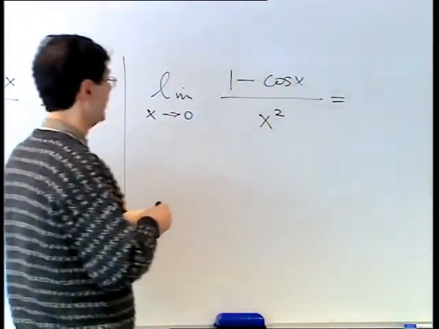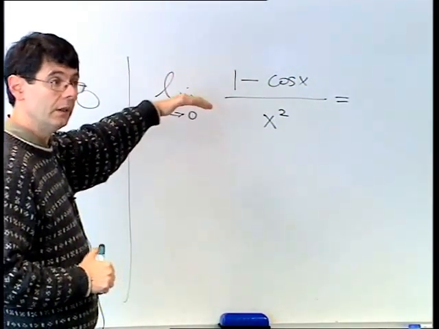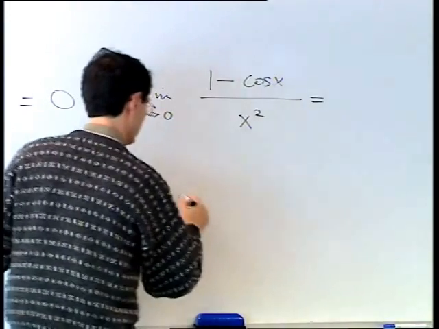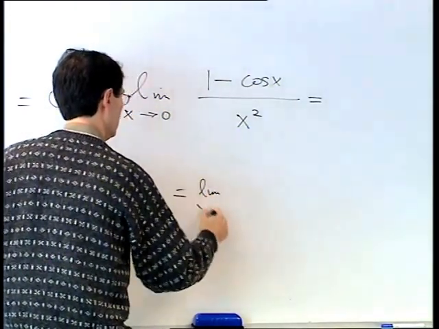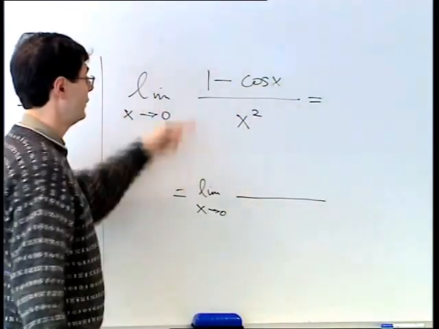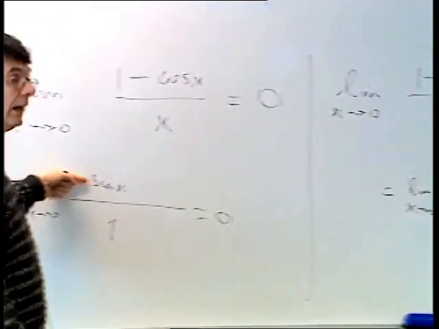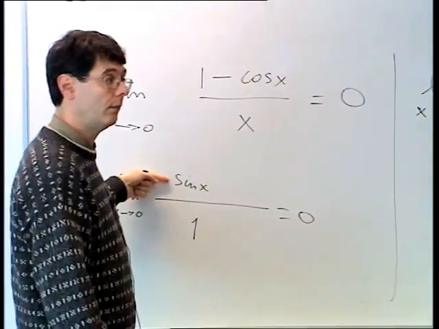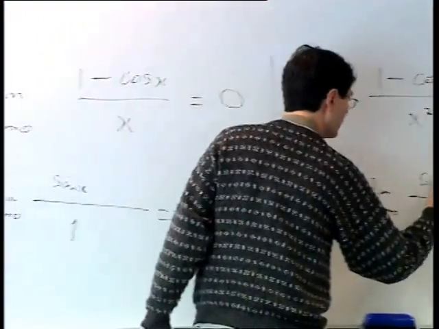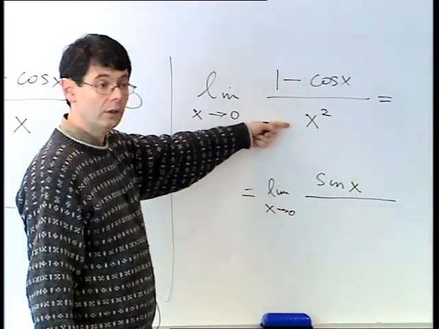Oh, it's 0 divided by 0 still. It's a 0 divided by 0 limit here. The derivative of the numerator is still sine x, as it was before, and the derivative of the denominator is 2x.